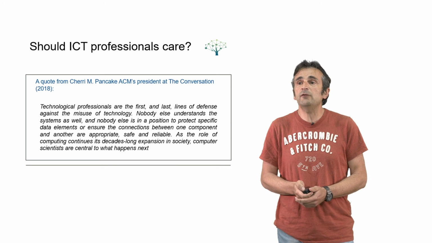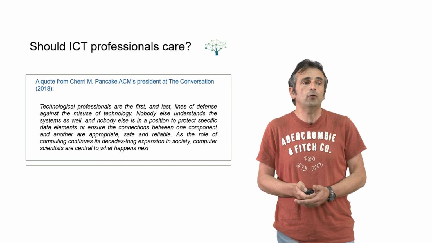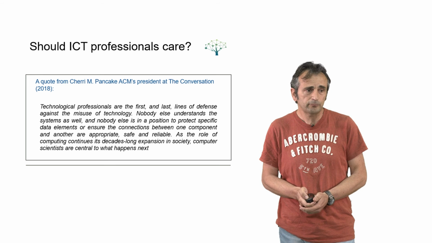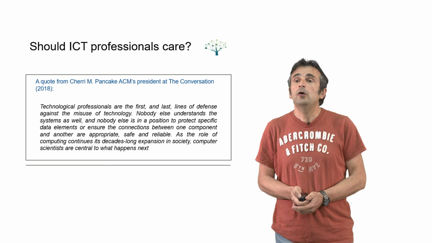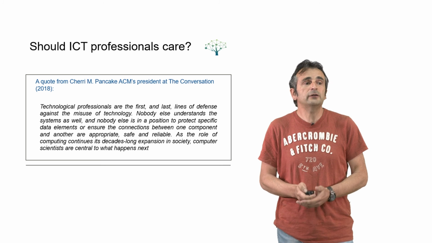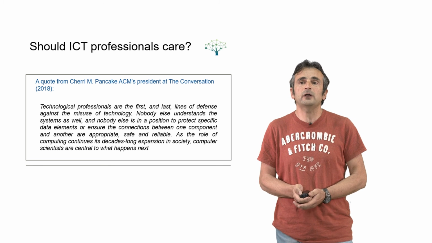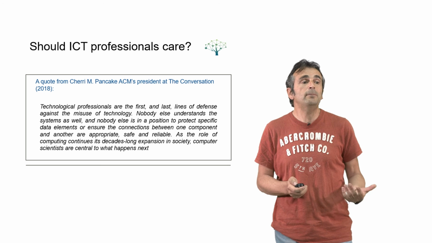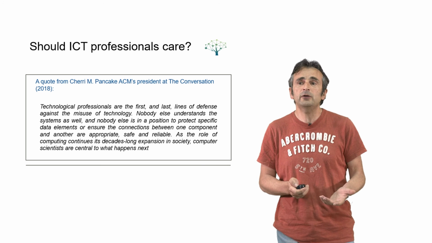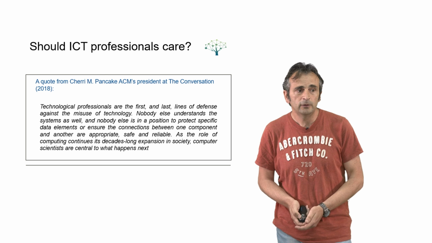This level of intrusion has raised the concerns of many well-informed citizens. So we believe that information and communication technology professionals cannot avoid their responsibility. In words of a former ACM president, ICT professionals are the first and last line of defense against the misuse of technology, because they understand better than anybody else the potential and limitation of the algorithms.